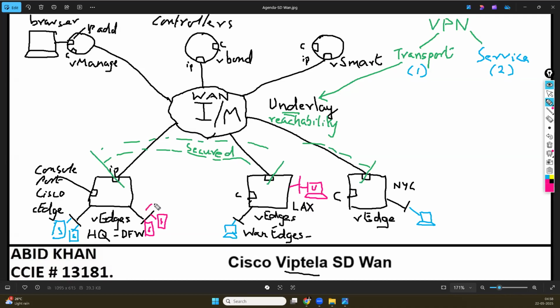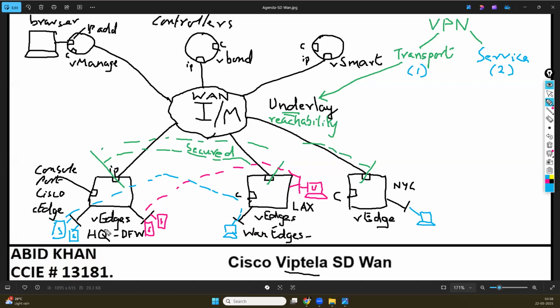So it is like virtual, and this is like virtual. I want them to communicate like this. I don't want all the users to access all the servers in the HQ.